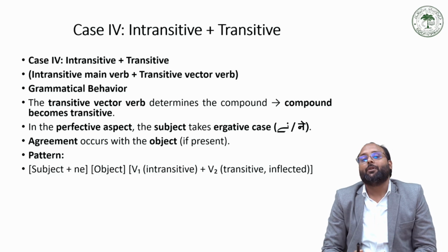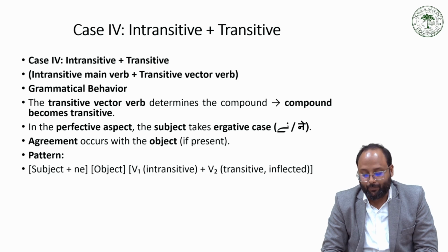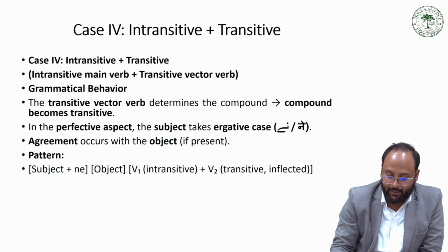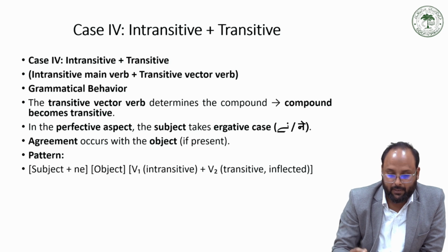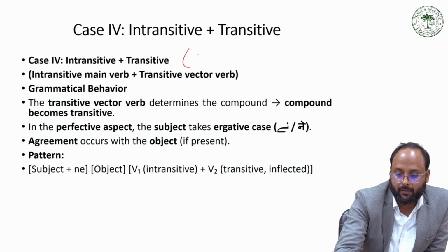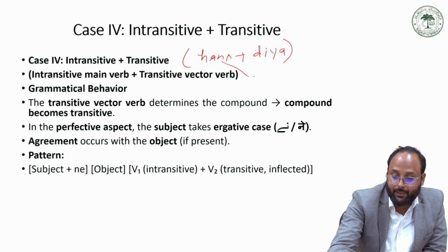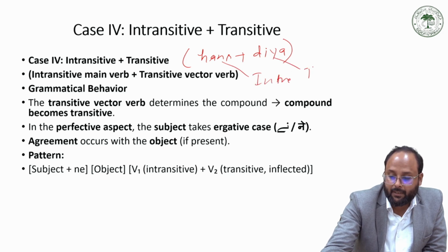And now we have the combination of intransitive plus transitive. In this case we have the word like has diya, has plus diya. Here hasna is an intransitive verb and diya is the transitive verb.